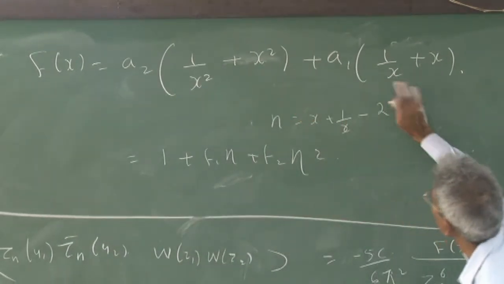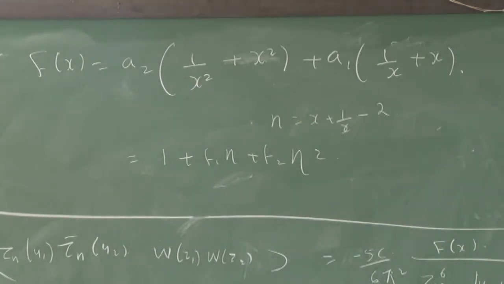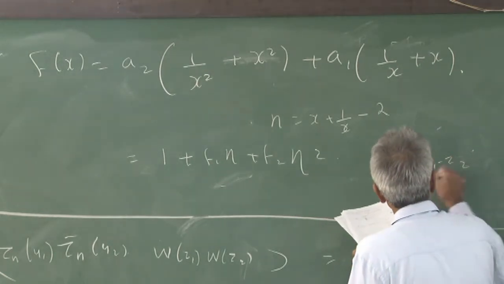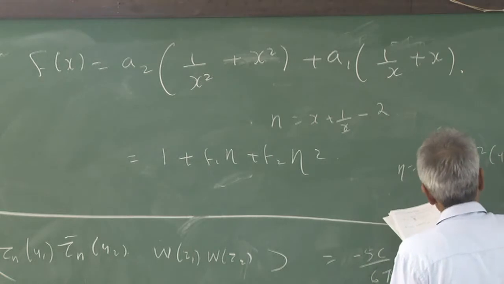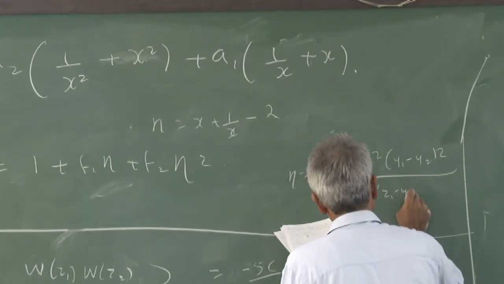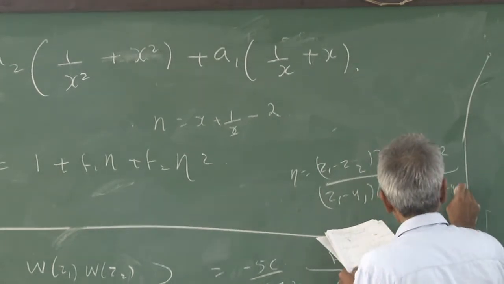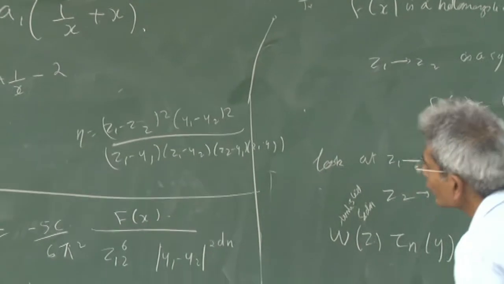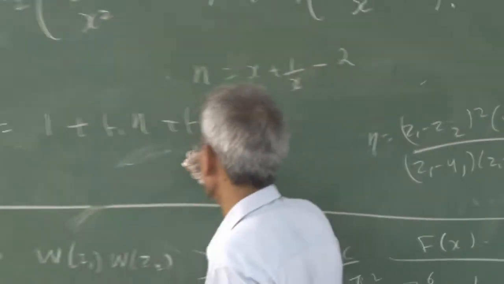And this is just rewriting this thing by another cross ratio eta. Eta is something nicer. So there is another formula for this. So, basically you are boiled down to fixing numbers f1, f2.